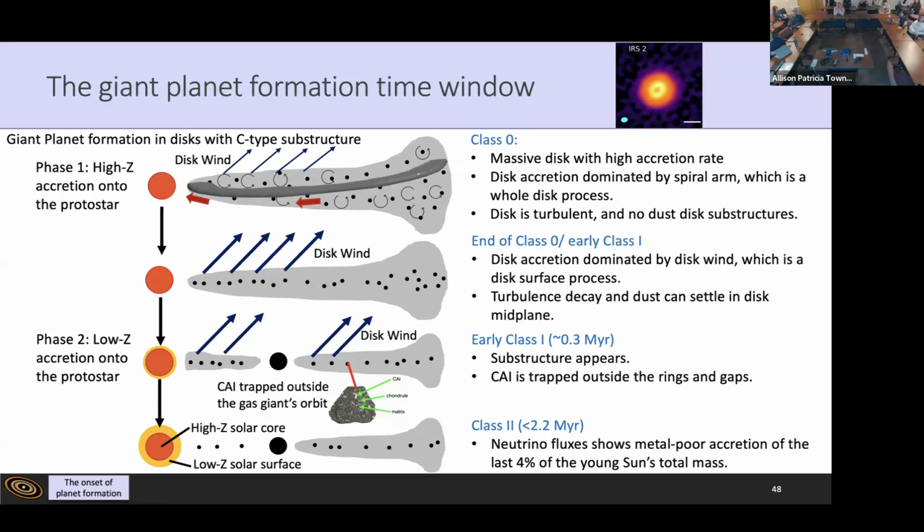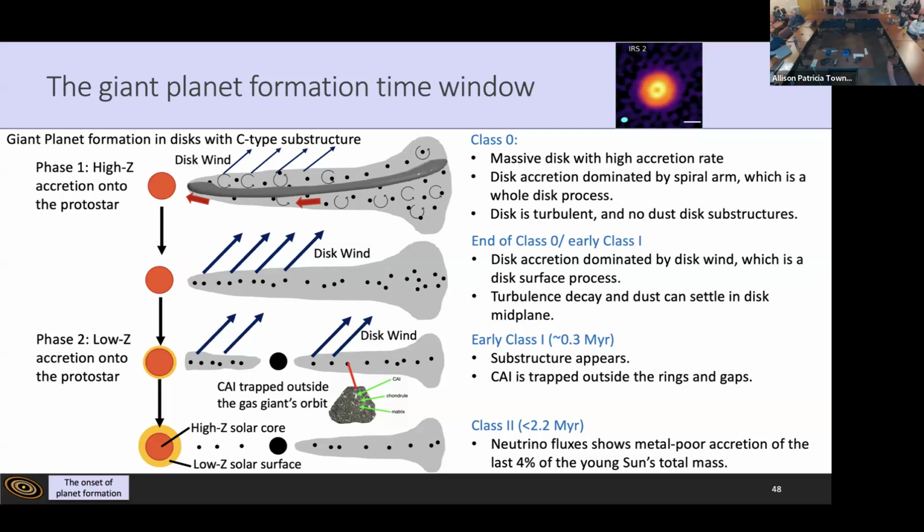In early class 0, you have a very massive disk with high accretion, and the disk accretion is dominated by spiral arms. So the whole disk is very turbulent, this is a whole disk process. Because it is turbulent, the dust cannot settle to the mid-plane, and you don't see any substructures.